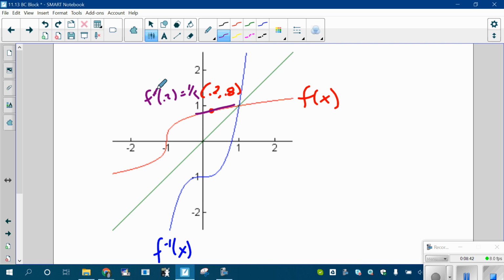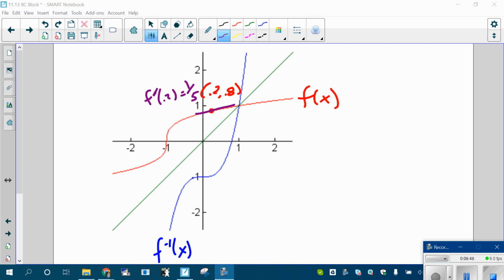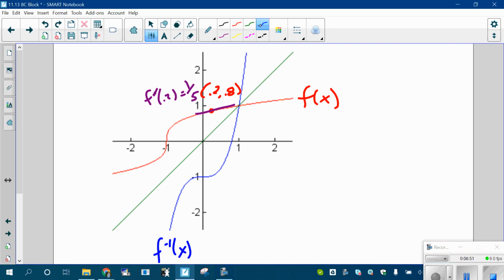Okay? So I would write that here. If you look at the inverse, because (0.2, 0.8) is on f of x, (0.8, 0.2) is on the inverse. Okay, so the point with the coordinates flipped around is on the inverse. And if you look at the slope at that point, it's certainly not the same.